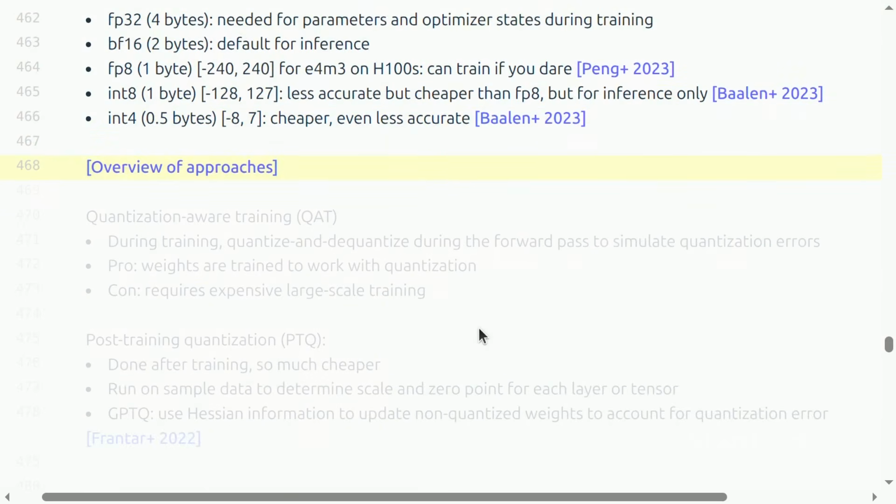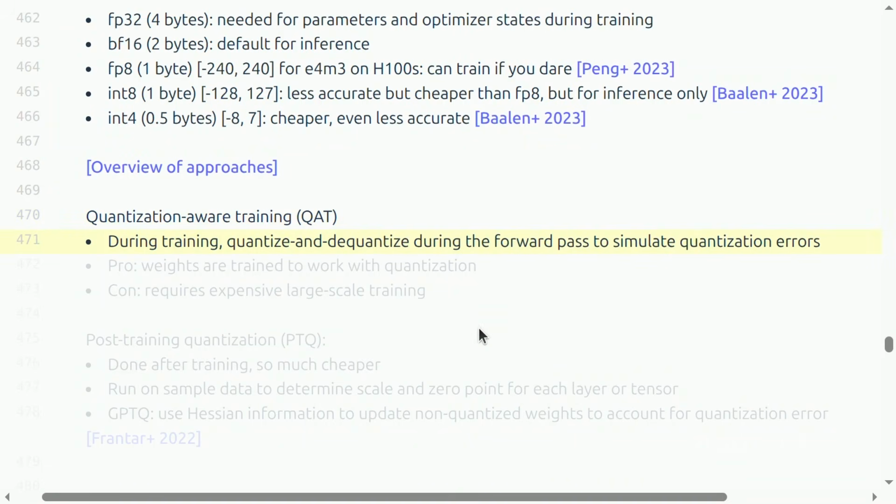One thing you can do, if you're scared that quantization is going to mess you up, is to train a model with quantization in mind. This is called quantization-aware training. During the forward pass in training, you quantize and dequantize, basically simulating these quantization errors as you train.